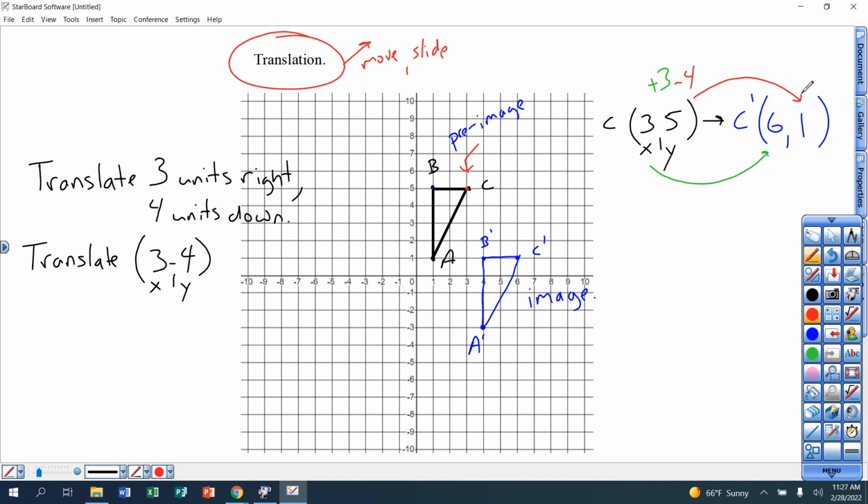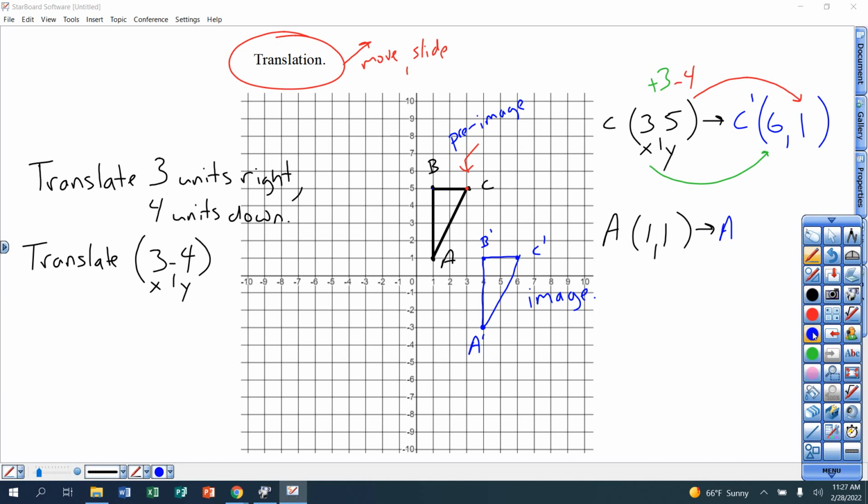So again, if I looked at another point like A, the original A before the move, the pre-image A was 1, 1. But after I did the translate, where I moved it 3 to the right and 4 down, and let's erase this mark because the original one never has a mark on the letter. So let's just put an A right here.